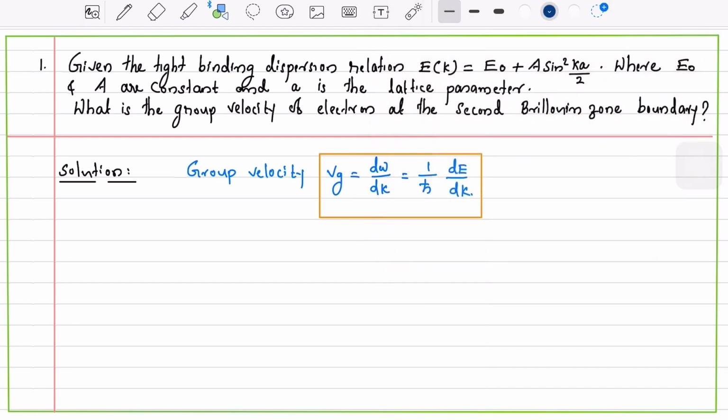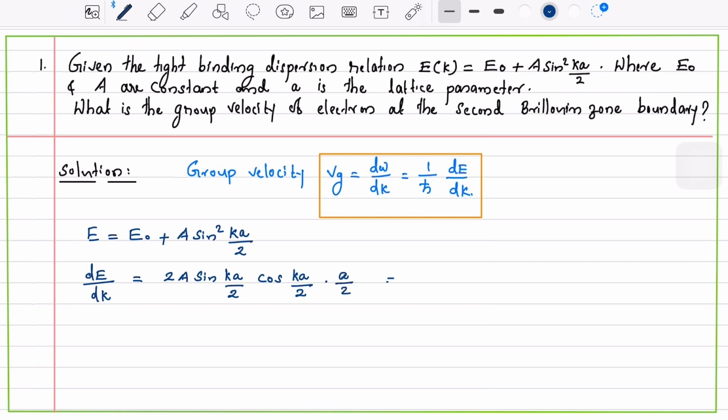Now we can find dE by dk by differentiating E with respect to k. E is equal to E0 plus A sine square ka by 2, which is given. Now dE by dk is equal to 2A sine ka by 2 times cos ka by 2 times a by 2.